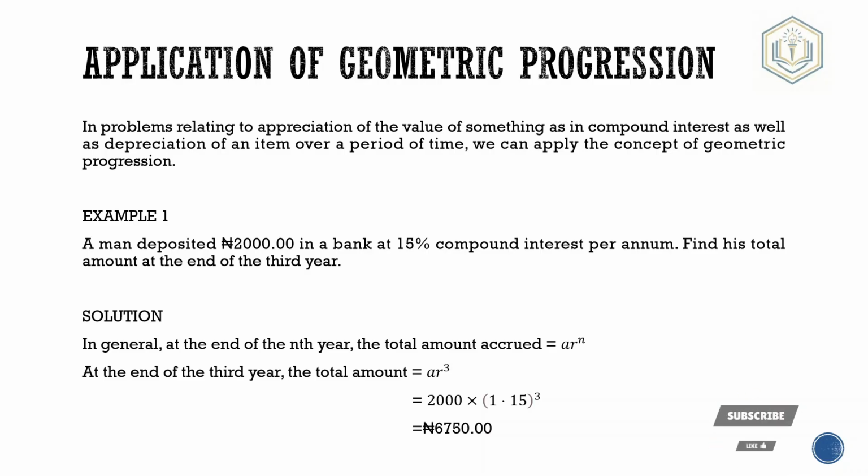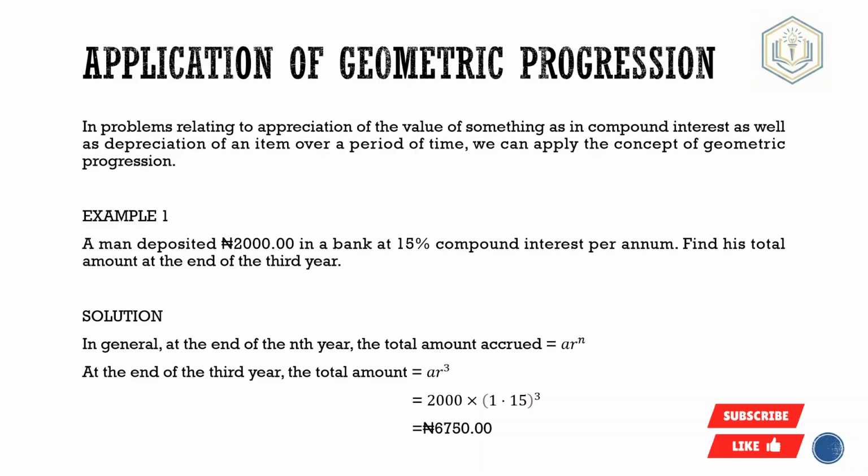And so at the end of the 3rd year, the total amount will be the initial deposit times the common ratio raised to the n, which is 3 years. So it's 2,000 naira times 1.15 raised to power 3.